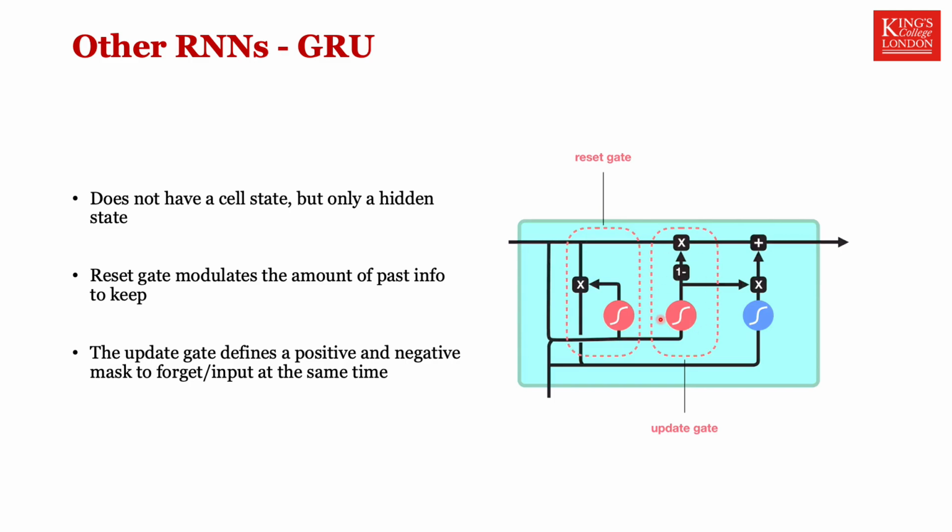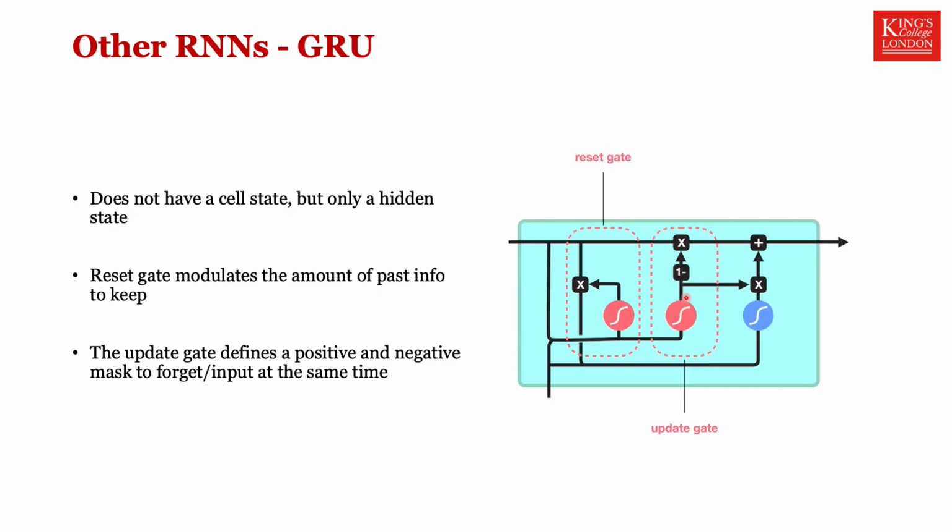The update gate on this side uses a trick that I actually find really interesting. Whatever the selector here is selecting is going to be multiplied here and is going to allow you to add this information to the current state. So this selector is going to select which information gets added. But the same selector gets multiplied by -1, which will then allow you to multiply here and remove things.